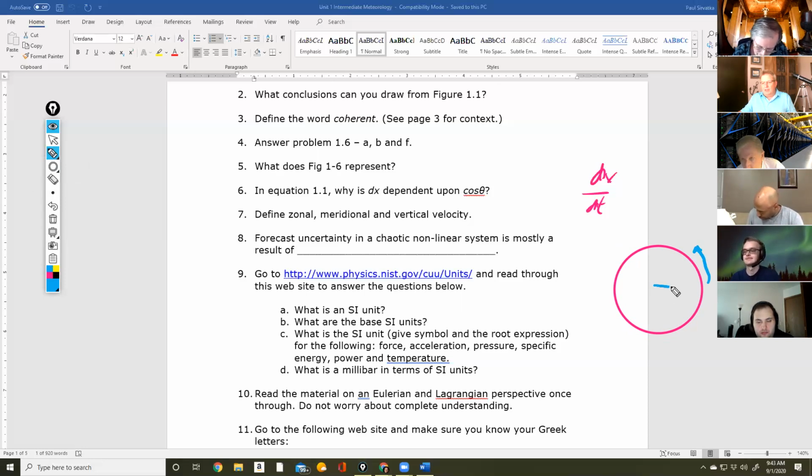But what I'm really saying is I have a triangle that looks like this. So what is this angle here? That angle is phi.